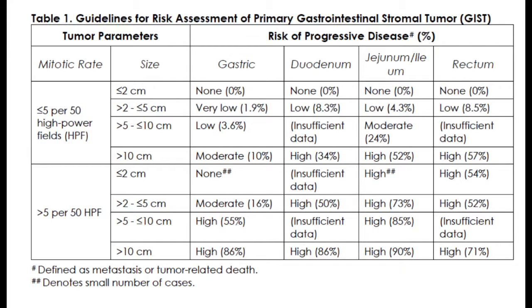One thing you'll notice is that mutation testing is not on there as yet, and in the mutation talk I'll go through some of that in more detail. But at UCLA now, anybody who is diagnosed with a new GIST, we do ask for pathologists to send it off for mutation testing. Usually, the normal place we send things off to is a center at OHSU.